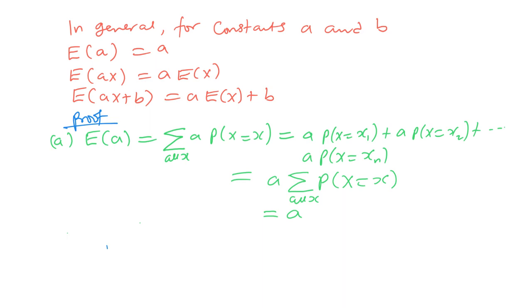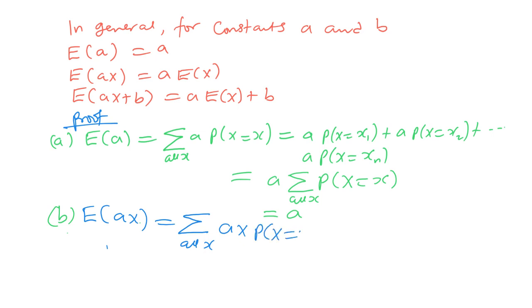Then the second, I can prove for you also, so you can see what I'm talking about. So this is going to be part B. I have the expectation of AX. We define this as the summation for all x's of AX times the probability of X equal to small x. Now, this A is a constant.